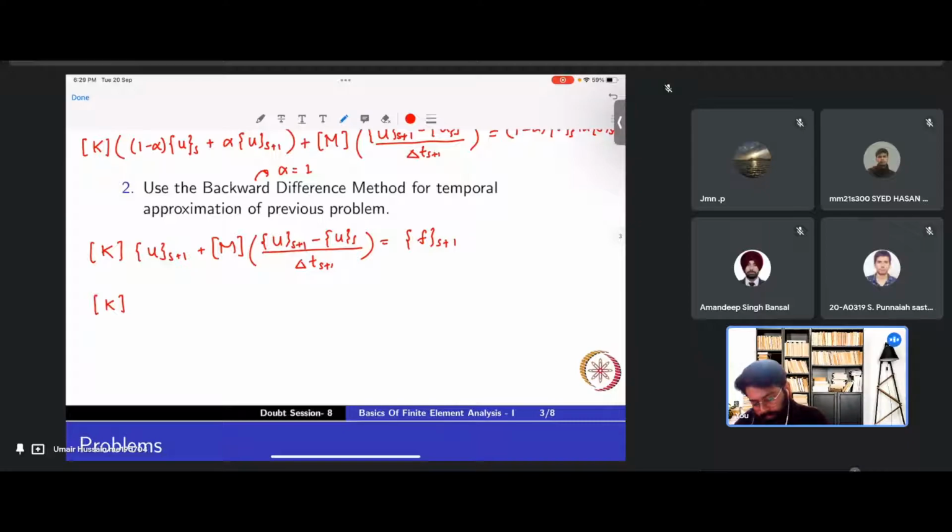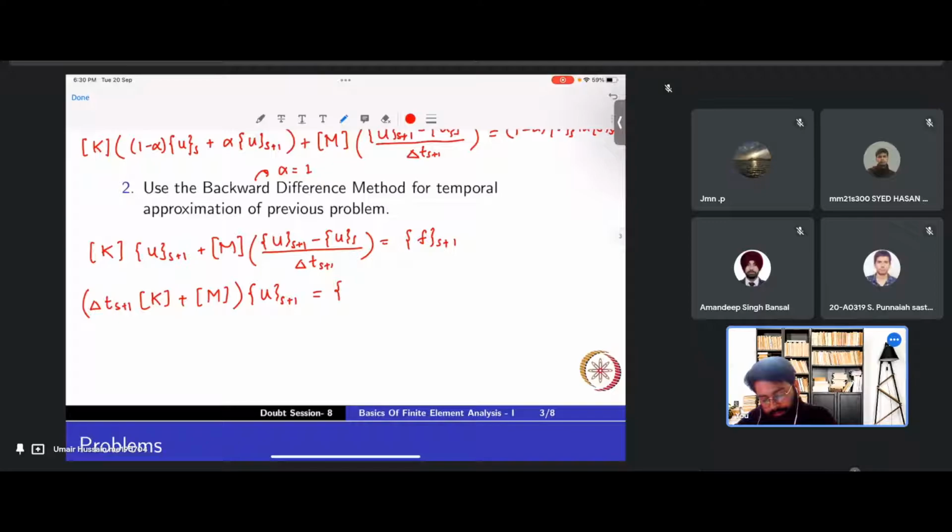I'll multiply the whole equation by delta t at s plus 1. We'll be left with delta t at s plus 1 times k, and we can take m common here. That would give us the coefficient of u at s plus 1. And then we have a u at s term that we'll take to the right-hand side.